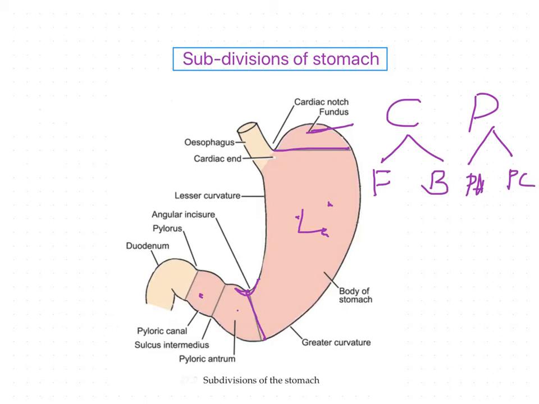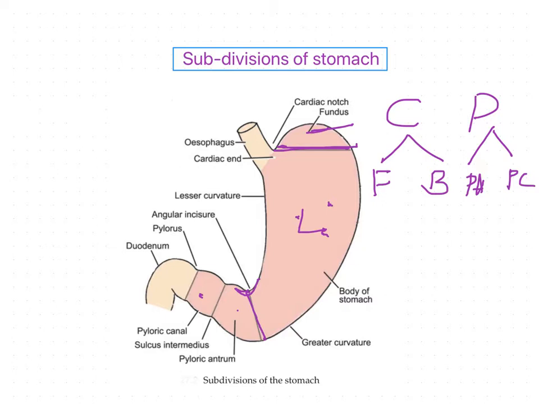Now we will see the cardiac part. The fundus of the stomach is the upper convex dome-shaped part situated above a horizontal line at the level of the cardiac orifice. So from the cardiac orifice, if you draw a horizontal line towards the left side, it forms the fundus of the stomach.